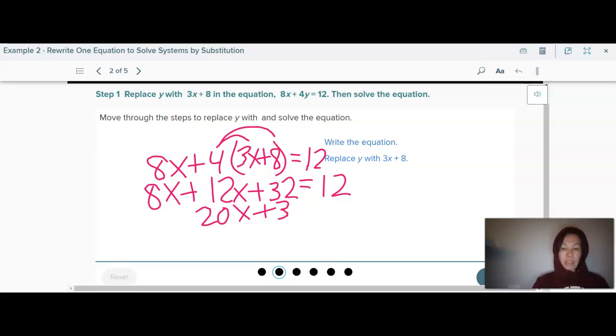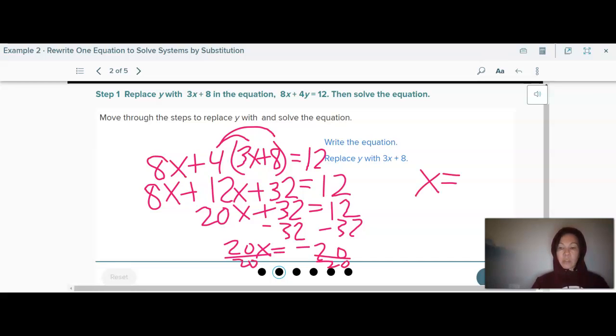Again, there's a box that you can fill in for this step as well. Now it's just solving this equation for x. Subtract 32 from both sides. We get 20x equals negative 20. Then divide by 20 to get x equals negative 1.